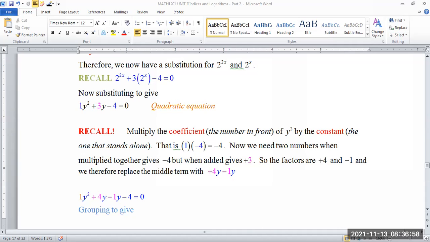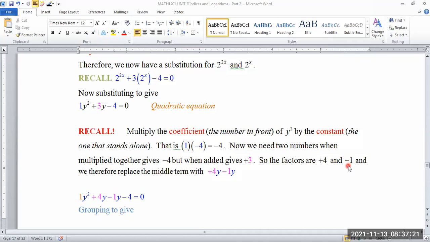I was asking a question. Why did I attach a y here? And why did I attach a y right here? I said to you that the factors are -4 and +4 and -1. Why did I attach a y?